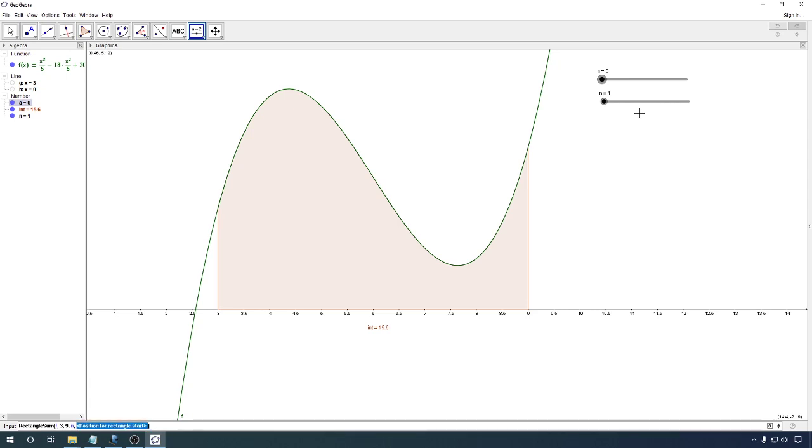And position for rectangle start, that's a little bit confusing, but for each of our rectangles, we have to pick a point in the interval that we're working with. And then we use the value of the function at that point to determine the height of our rectangle. What this is going to do is pick the sample point on a proportion of the little subinterval that we're working with.